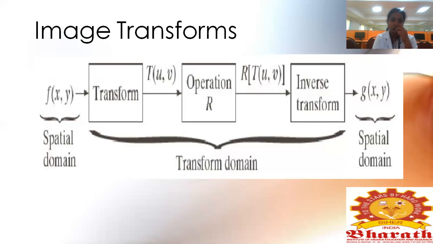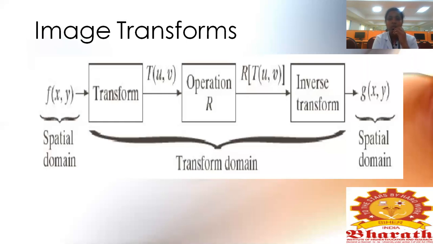Why is it g of x comma y instead of f of x comma y? f of x comma y is the original image, and g of x comma y is the image after some operations have been applied. To be simple, let us consider f of x comma y an original image that you have taken, and after applying a filter, either the background or the intensity level might change.